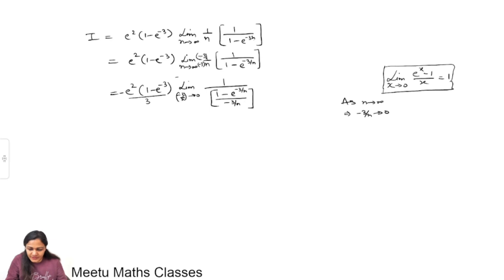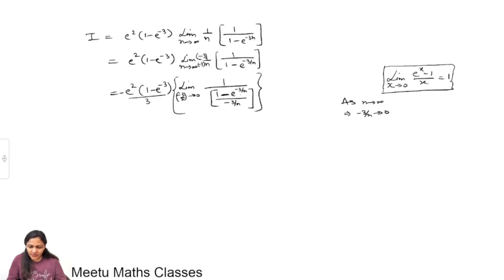Now this will be a standard limit. Limit x tends to 0, e raised to power x minus 1 upon x. In fact you have to take minus common.